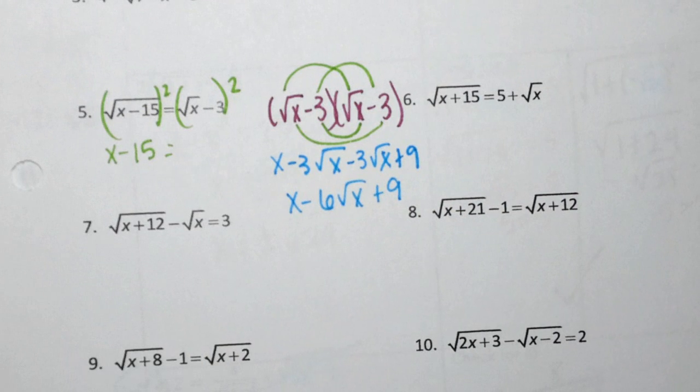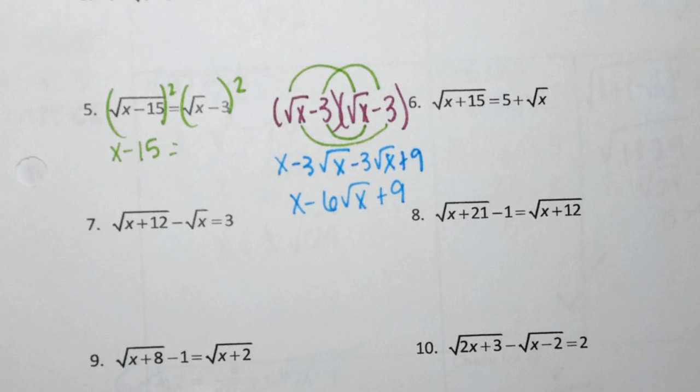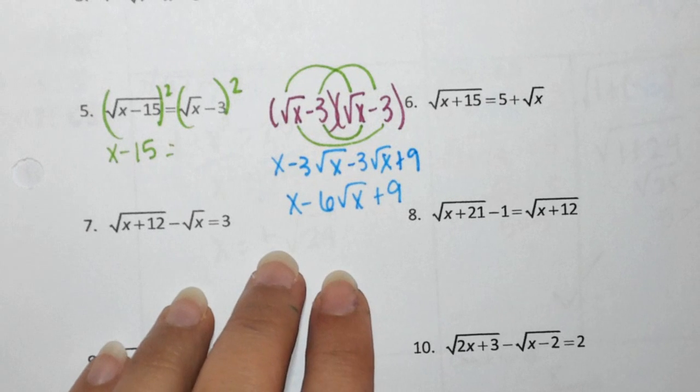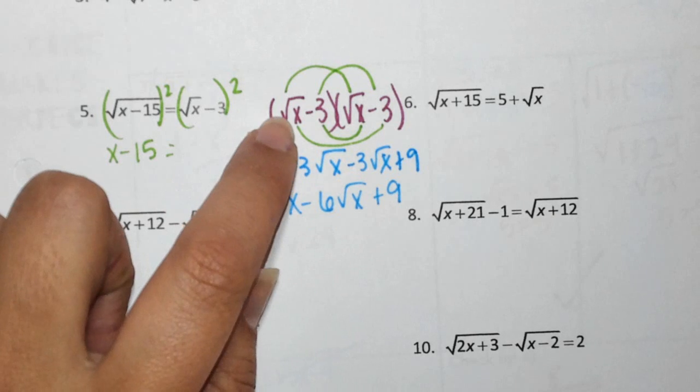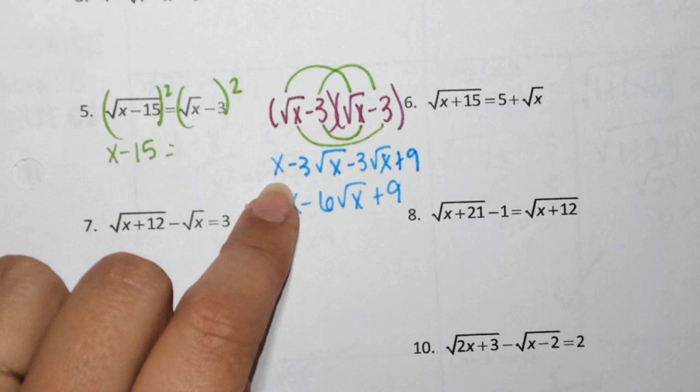Does everybody see where I got that from? Are you sure? Where? The first thing I did was square root of x times the square root of x, and I got x.